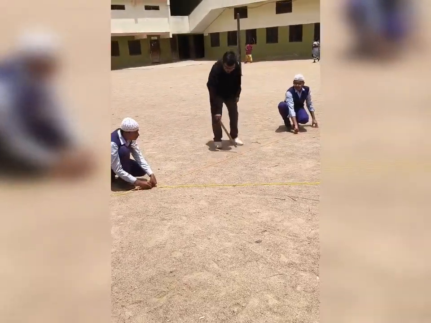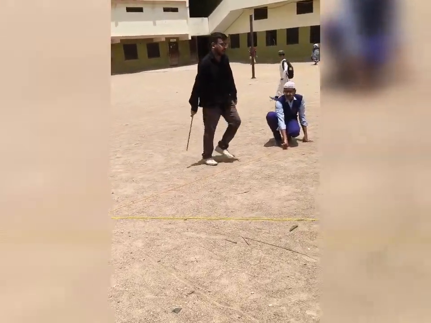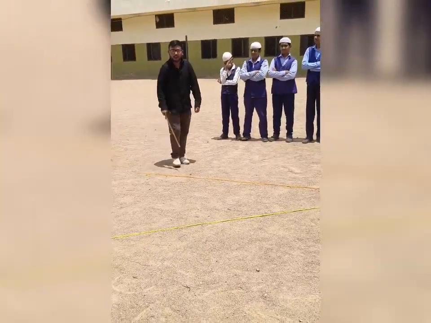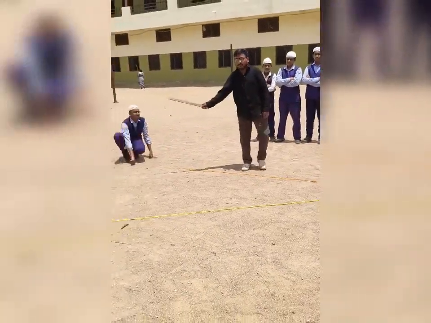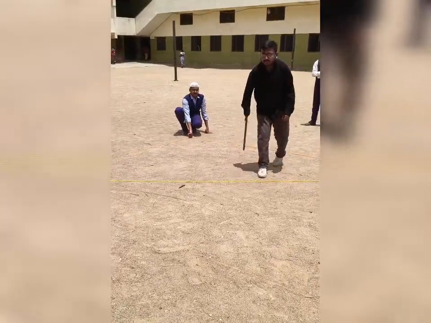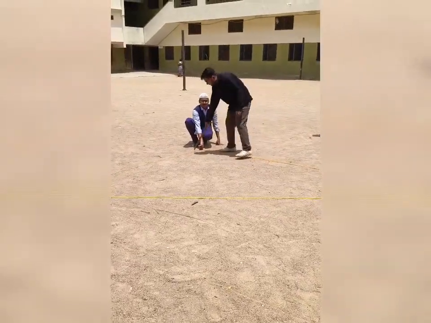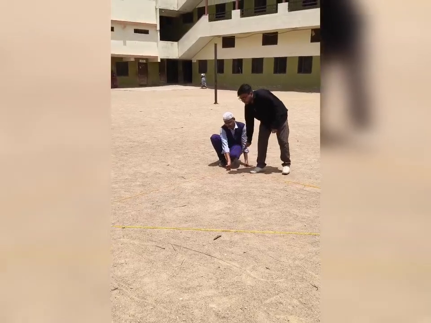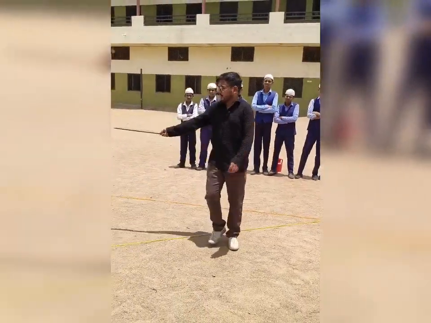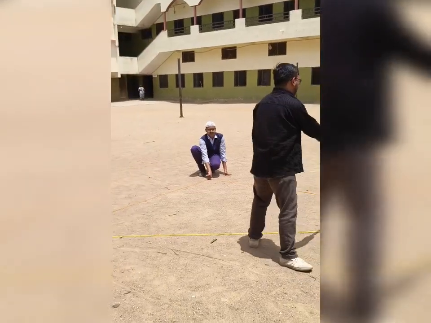Now we have 3 meters here. This is our 3 meters, and this will be how much? 4 meters. So 3 and 4. So 3 square plus 4 square will be equal to what? 5 square. That shows this is also how much? 90 degrees. And this is 90. This is 3 units. This is 4 units, and this one is 4 units.